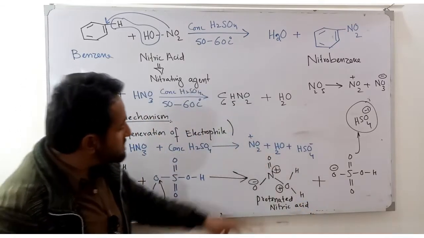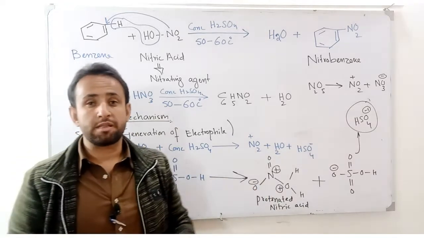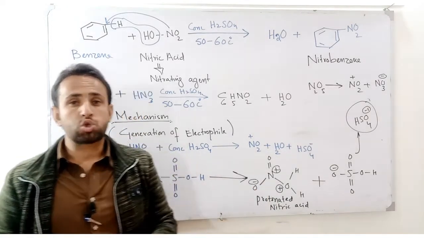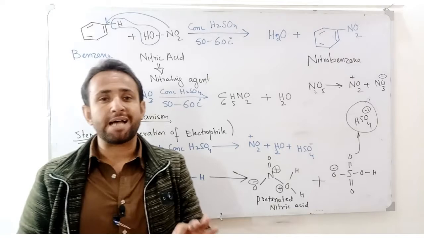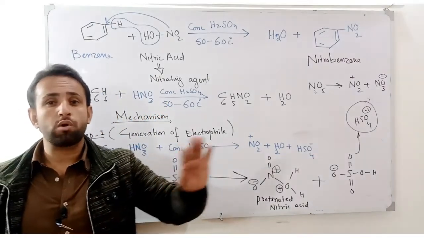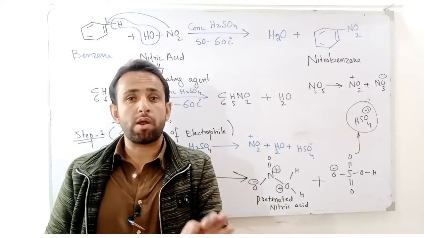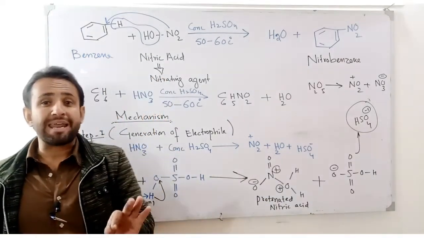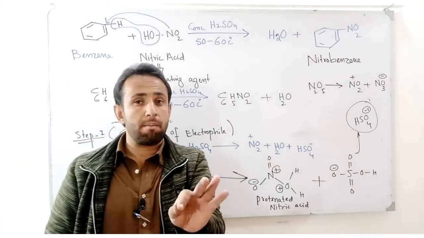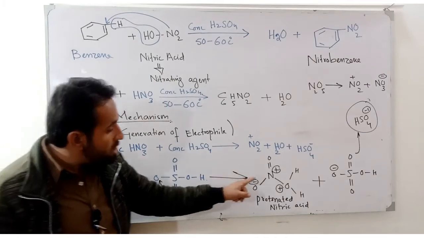Now as oxygen has a positive charge, this is unstable. This is an oxonium ion. The oxonium ion is basically unstable in nature because there is a positive charge on the oxygen atom. Since oxygen is an electronegative atom, it cannot tolerate a positive charge on itself. So what will it do?